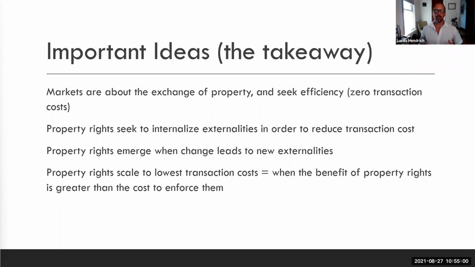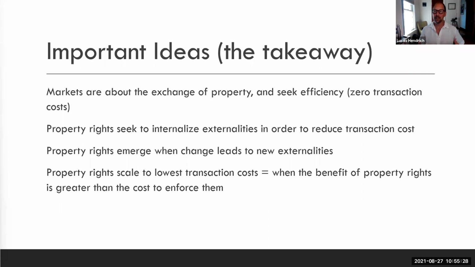So again, summing up, my takeaway from this paper, and again, I encourage everybody to comment on what I might have missed. But the main ideas here: markets are about exchange of property, and they seek efficiency. That's something we can take for granted here. Property rights seek to internalize externalities in order to reduce that transaction cost.